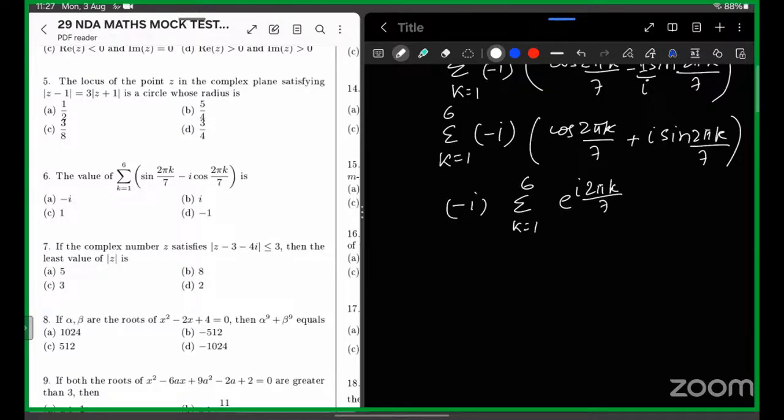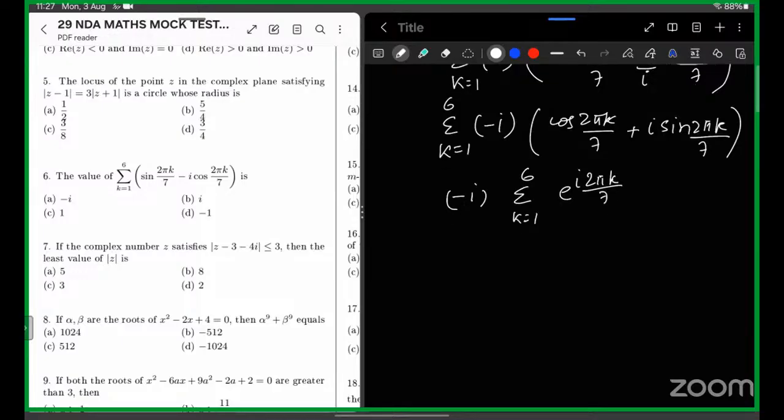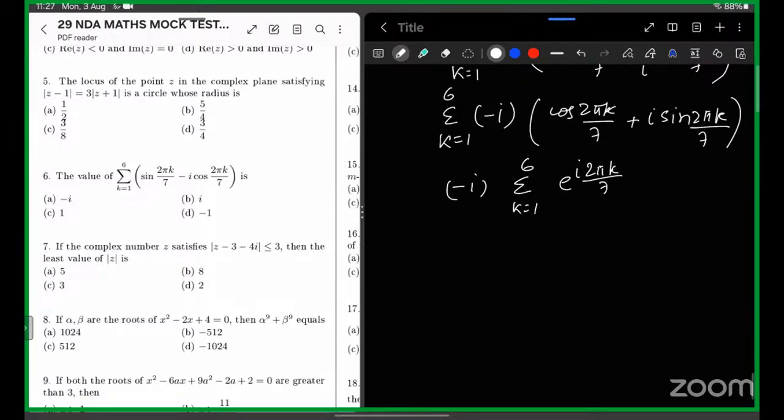How to get it? Sum of the seventh root of unity, k equal to 1 till 7. So if I write in the form of cos and sine, I'll be getting cos this, sine this, cos this, sine this.